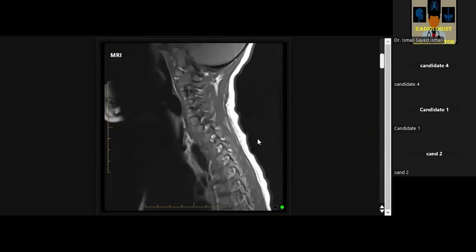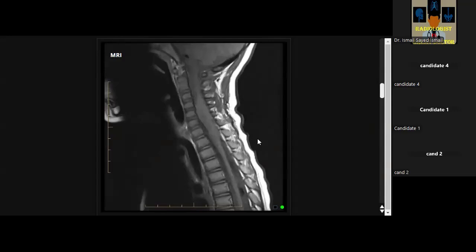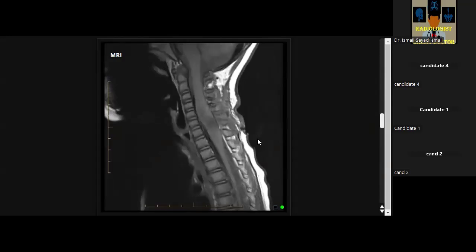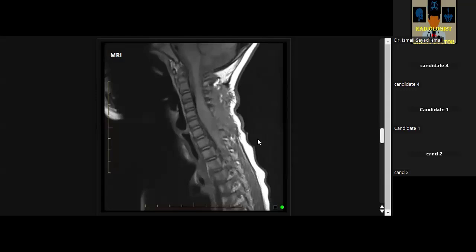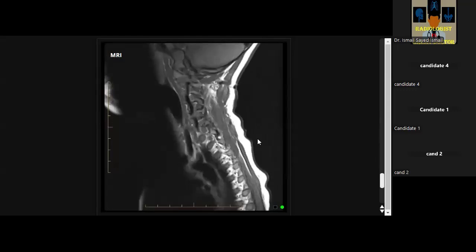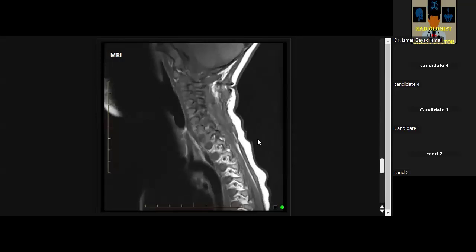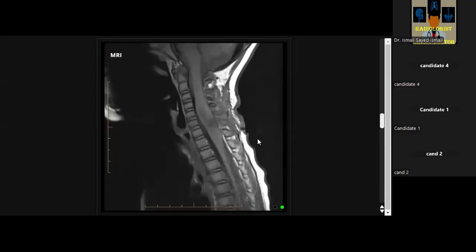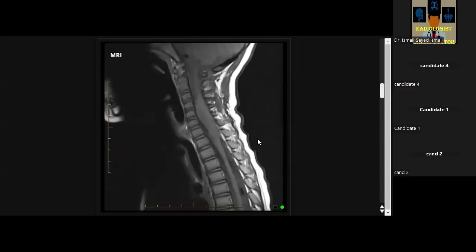The signal intensity of this lesion, which is involving the mid cervical level, appears iso to hypointense. Now I am scrolling again to look for any other associated lesion. The foramen magnum appears normal. There is no evidence of cerebellar tonsillar herniation. However, I can see some hypointense extramedullary areas noted within the upper thoracic region.